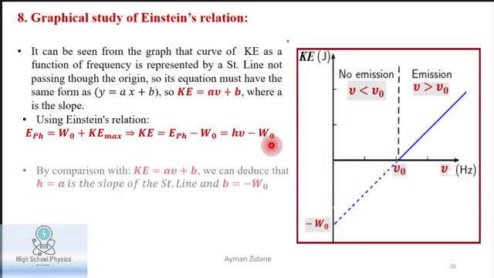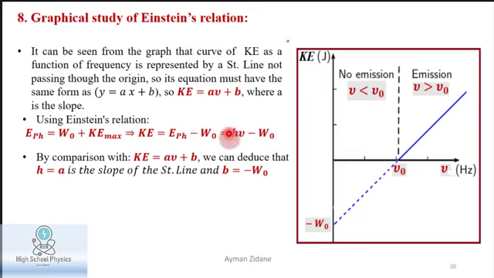By comparison with the equation obtained from the graph, we can deduce that the slope of this straight line is equal to h. So the slope of this line is Planck's constant, and b is equal to minus W0.